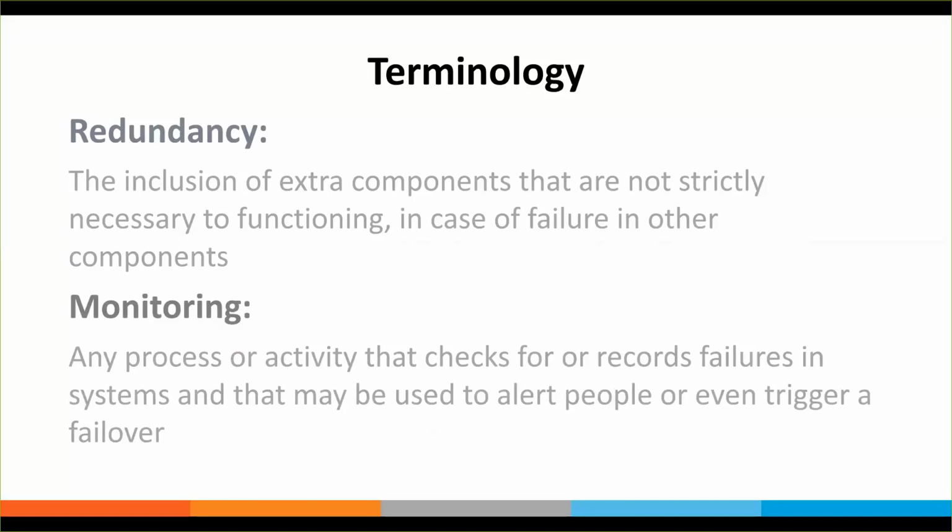That's any process that keeps track of it, whether you have emails that go out when something fails to happen, or when you reach a certain level. If your disks get to a certain level of saturation, you send a warning out. Or if you reach a certain level of traffic, you send a warning out. That's monitoring.